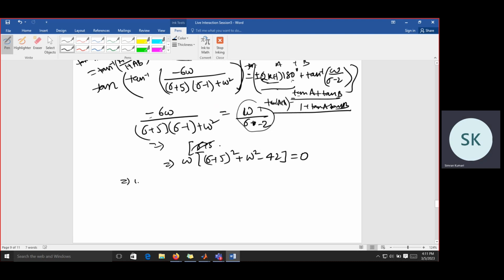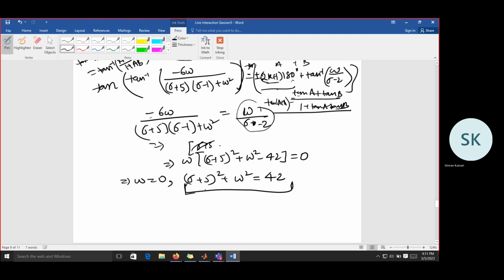So what does this mean? This means omega equal to 0 and (sigma plus 5) square plus omega square equal to 42. From there we can see this is the equation of a circle. That means the center is sigma equal to minus 5 and omega equal to 0. And what is the radius?